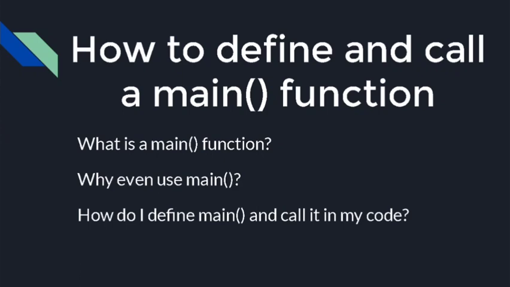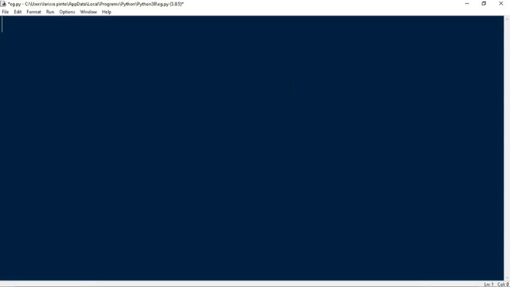For this, we'll go to our IDLE, and here I will write the function main, def main, and in this I will write statements. So this is the basic structure of how the function looks.